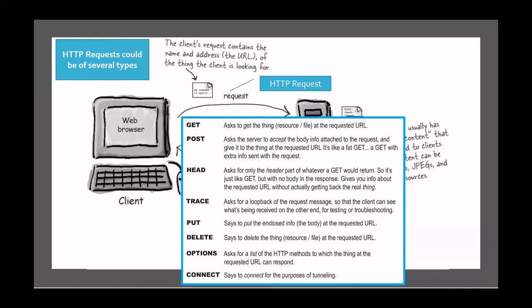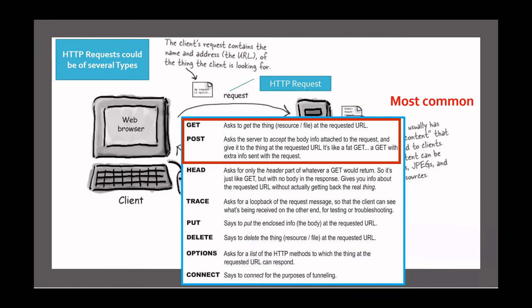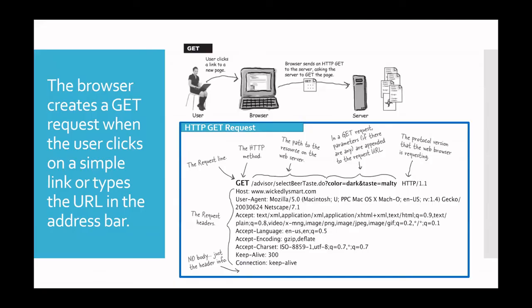Okay. Now, when we talk about requests, the HTTP protocol specifies a set of types, or methods as sometimes they call them, that a browser can use to send requests. Okay, the most popular ones are GET and POST. So for the GET request, this is an example. It looks like this.